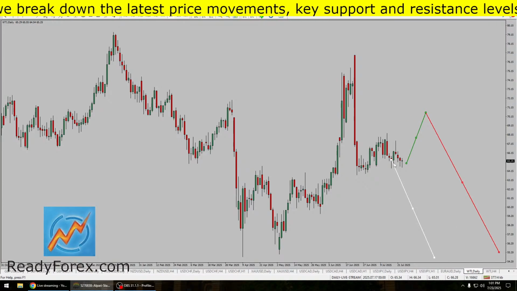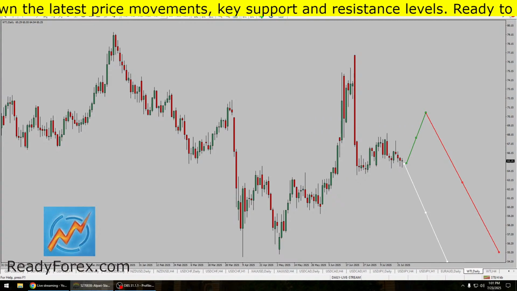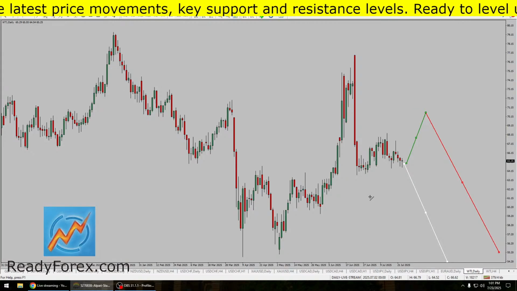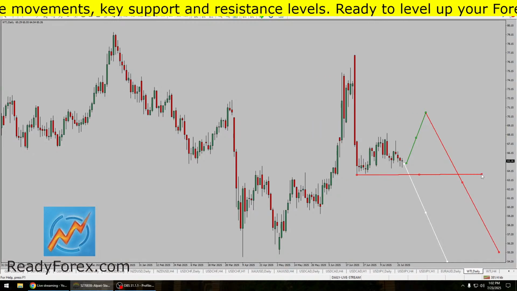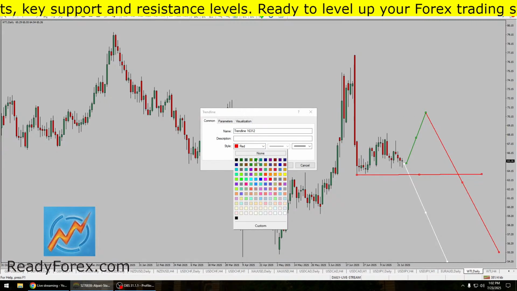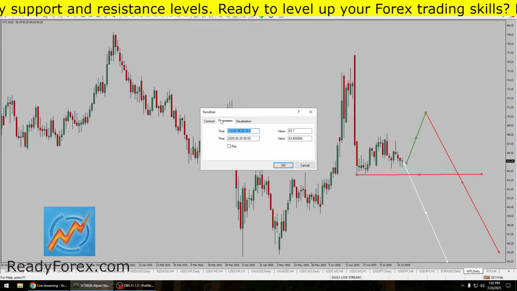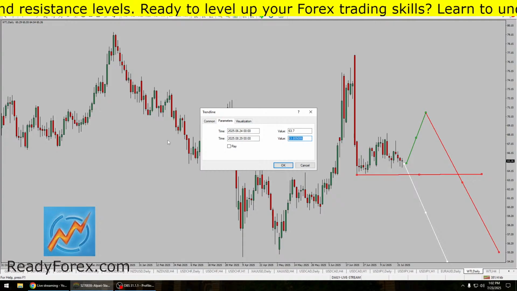Now, if we do get a breakout, like a break below this support level over here. Here's the support area. Let me draw a flat trend line over here. So this is the horizontal support, 63.70.